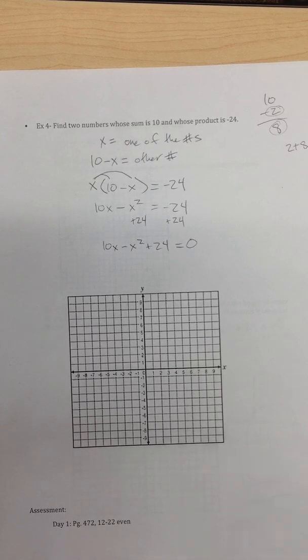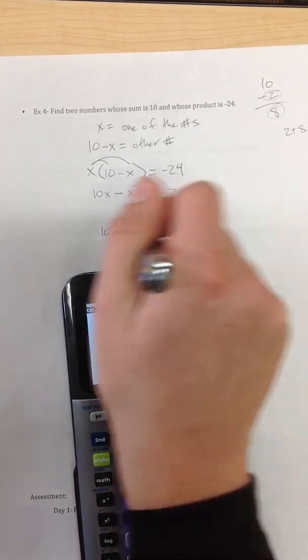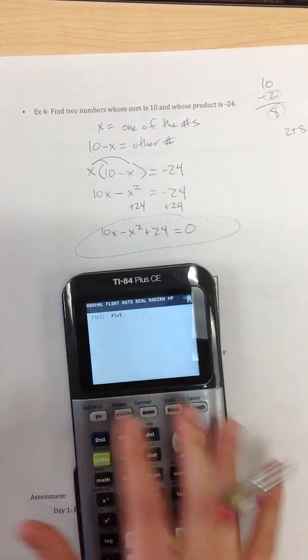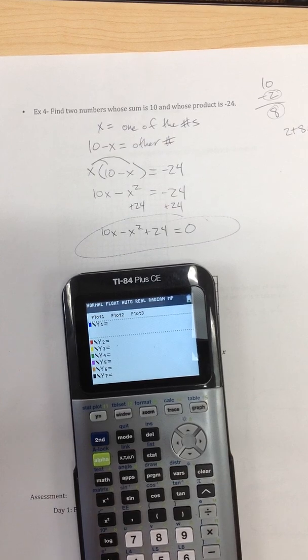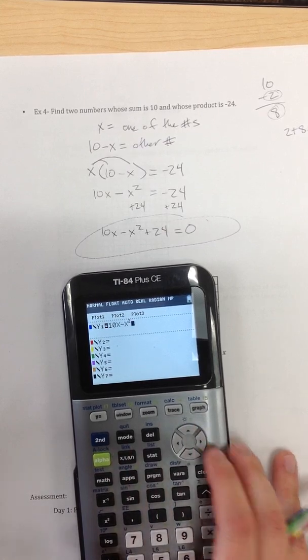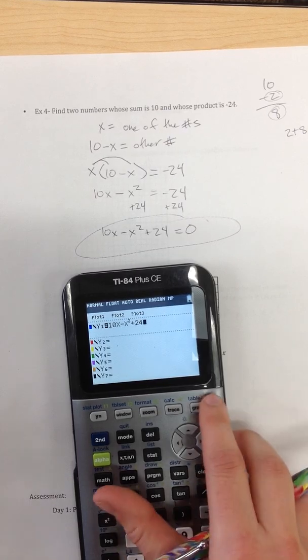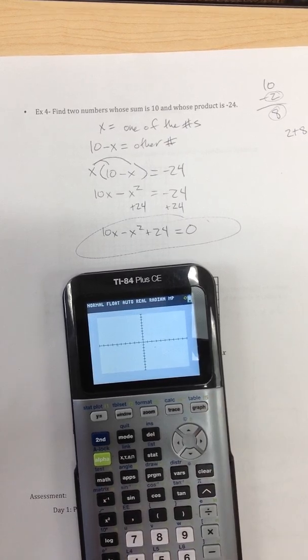So we're going to take this and plug it in. We're going to go y equals, clear out all our stuff, 10x minus x to the power of 2 plus 24, and then we're going to graph it.